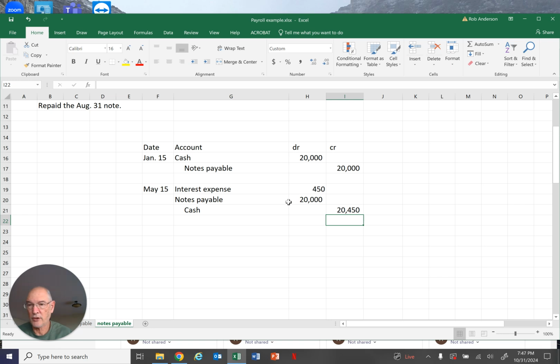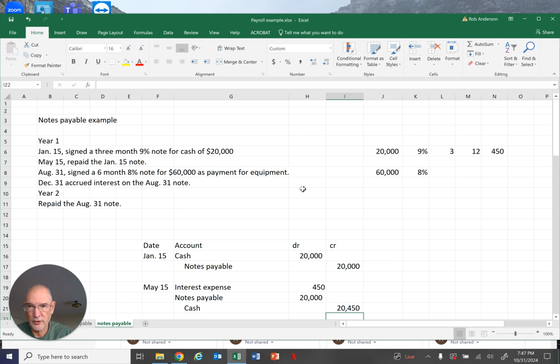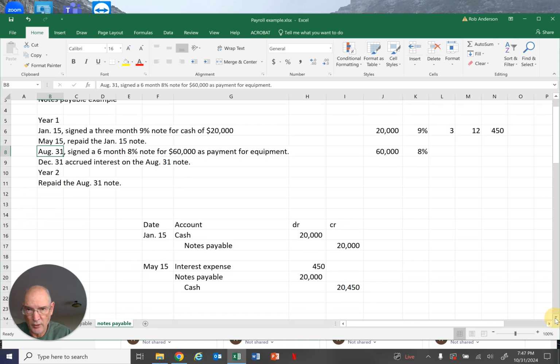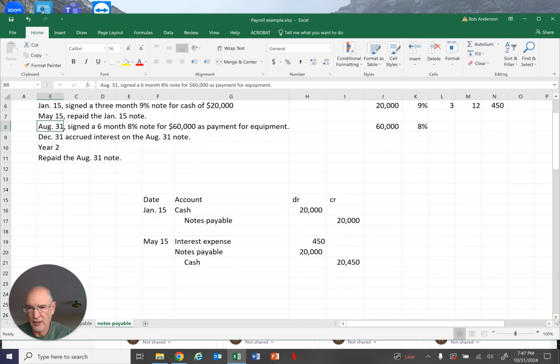Let's now turn our attention to the note signed later in the year where we will have to accrue interest. So August 31, we signed a 6-month 8% note for $60,000 as payment for equipment. So what we're saying here is that we gave this note to the seller of the equipment. We didn't get cash and then pay them cash. We just said, okay, we're buying equipment, here's a note. Now in real life, you probably put a down payment on there, but we're just going to go with the note for now.